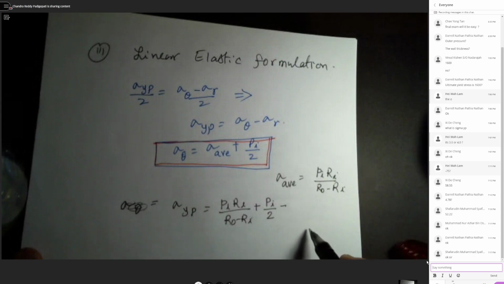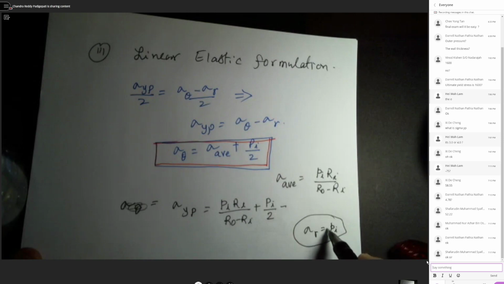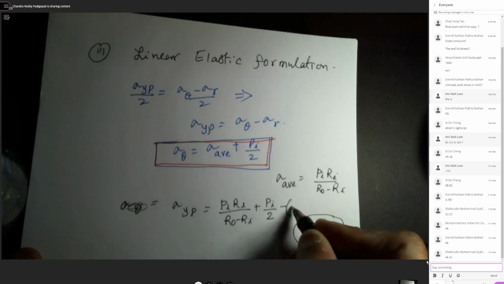Sigma r is equal to negative internal pressure, so minus sigma r is plus pi.